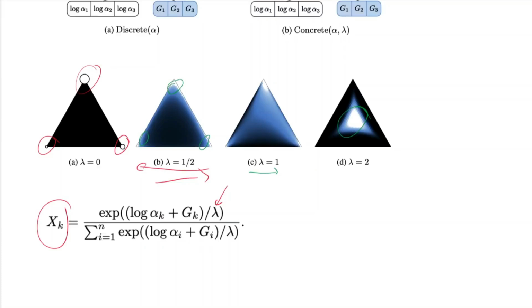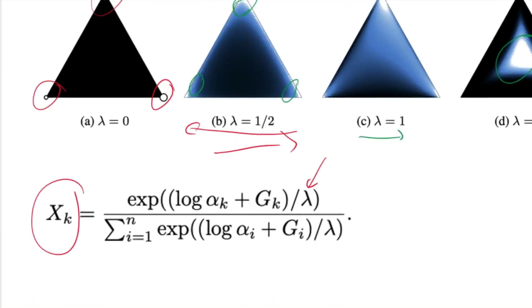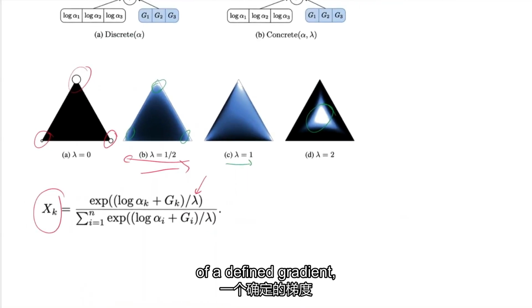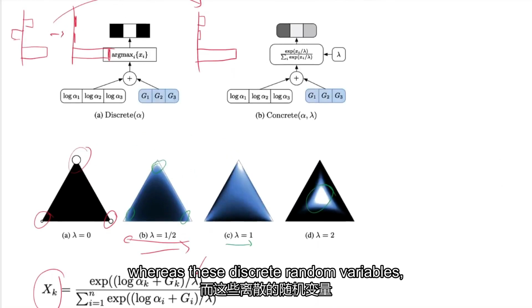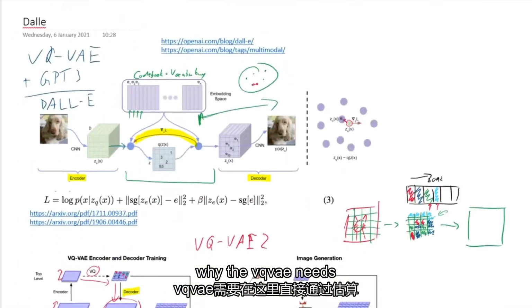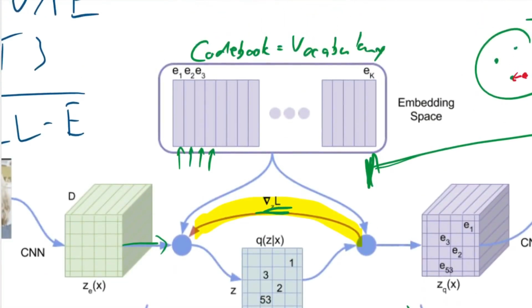And any mixture distribution with a temperature other than 0, of course, now all of a sudden has a defined gradient. Whereas these discrete random variables do not have a gradient. That's the reason why the VQVAE needs to do this straight-through estimator right here, because this hard assignment to the codebook does not have a gradient defined.